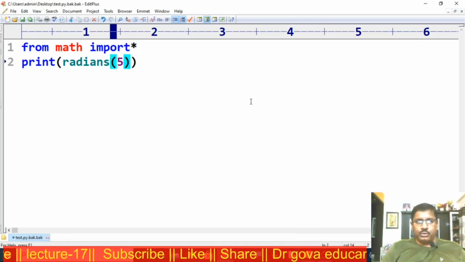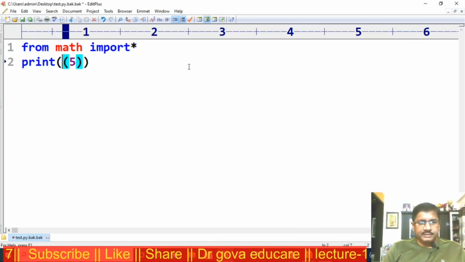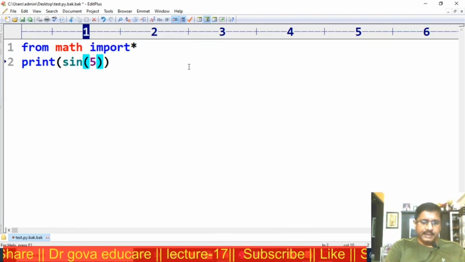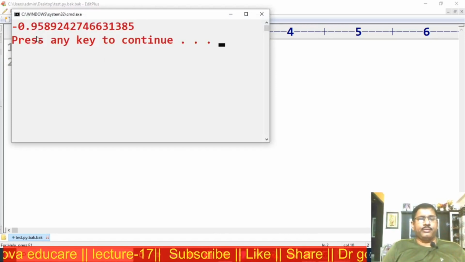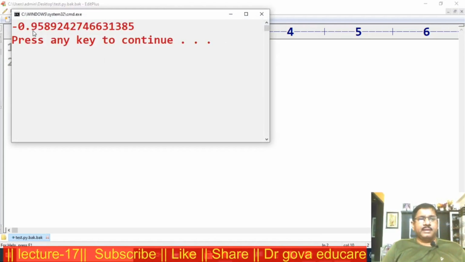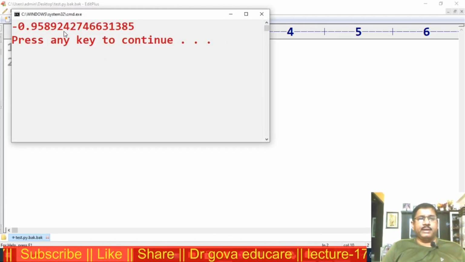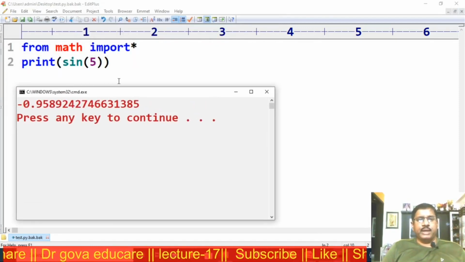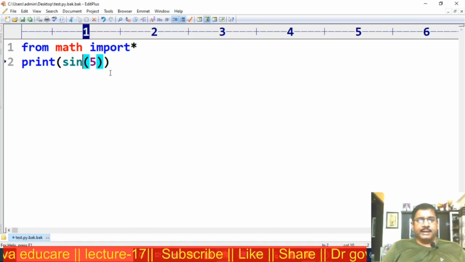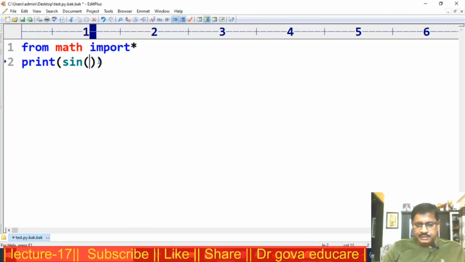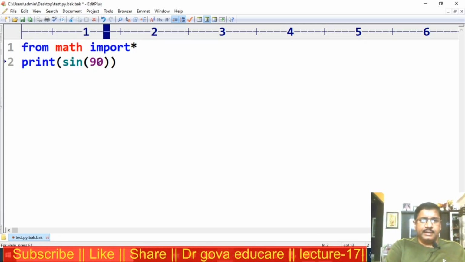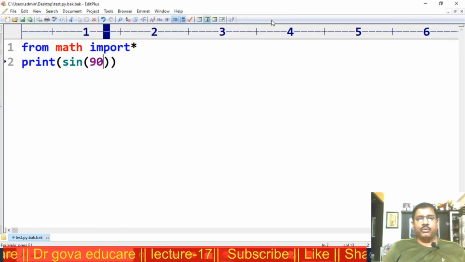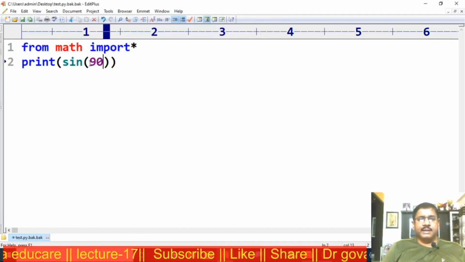Suppose I want to perform sine of x, sine of 5. Here 5 is in radians. Sine of 5 is minus 0.95892427 and so on. Now sine of 90 radians, this is the value. Suppose I want to find sine of 90 degrees.